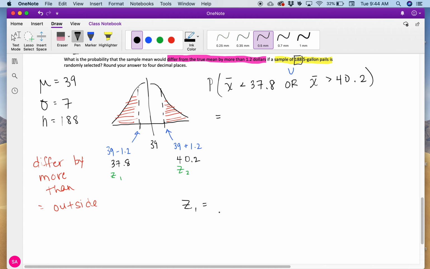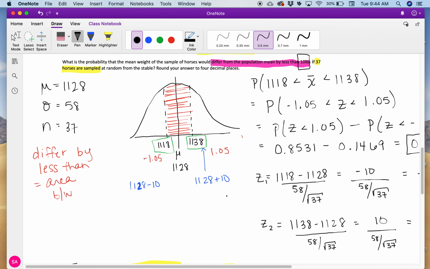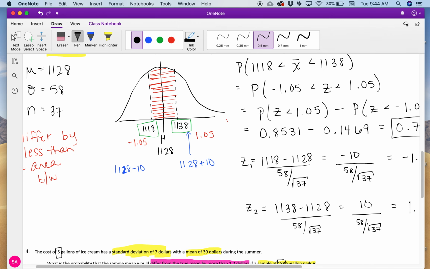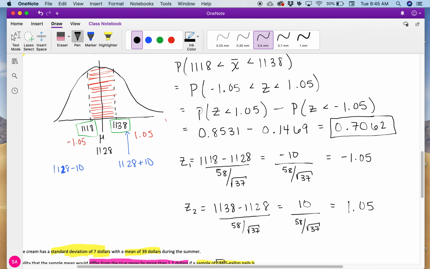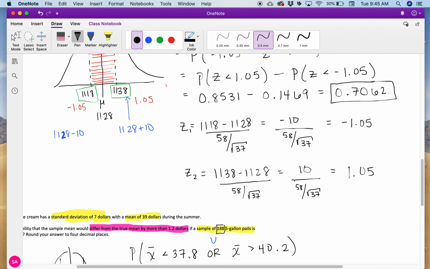Okay, so real quick, these problems can get really long. So sometimes it is helpful to be aware of certain tricks that you can use to make your life a little bit easier. If you come back up to your third example, we were looking at a difference from the mean by less than 10 pounds. And notice when we did the Z formulas, our top number was 10 in both cases, except one was negative and one was positive.